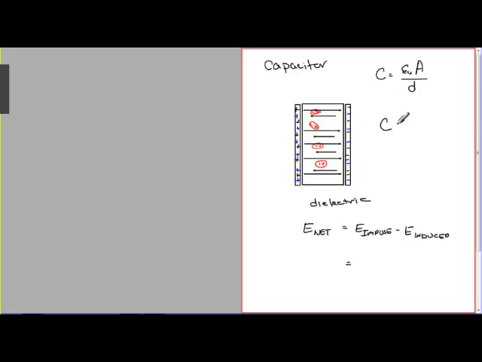If we remember the definition of capacitance, it's charge per unit voltage. Since we're able to put more charge on the plates for a given voltage, the effective capacitance of the capacitor goes up when you put a dielectric material in there.